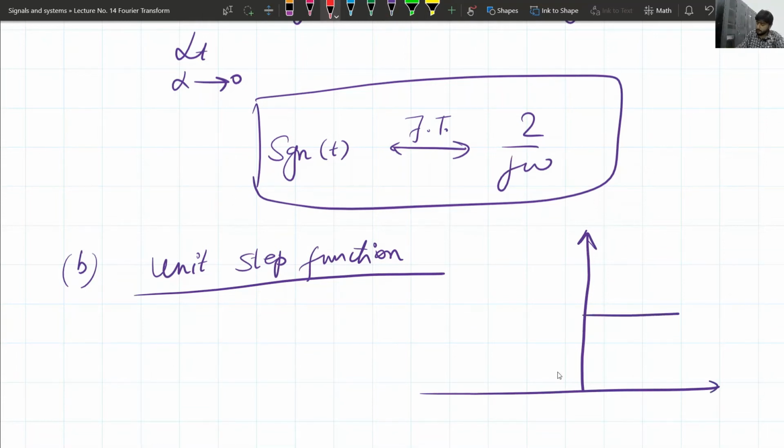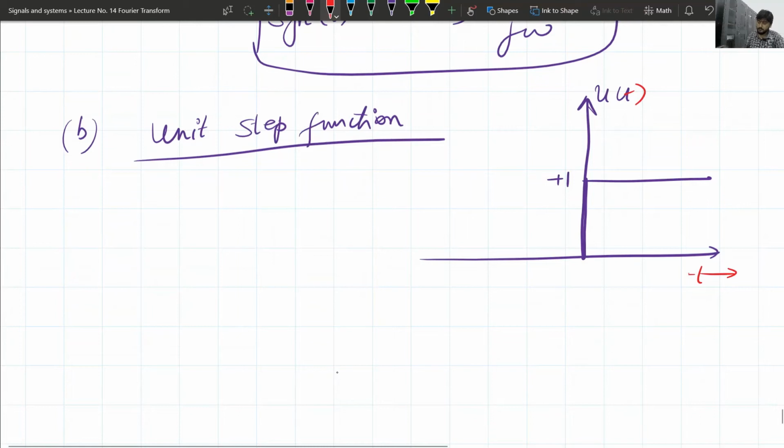So graphically it will be, let's say this is plus 1, u(t). Now once again we can see it does not follow the Dirichlet conditions.